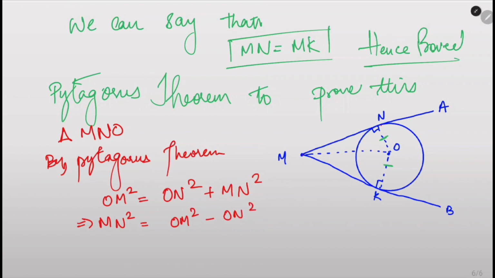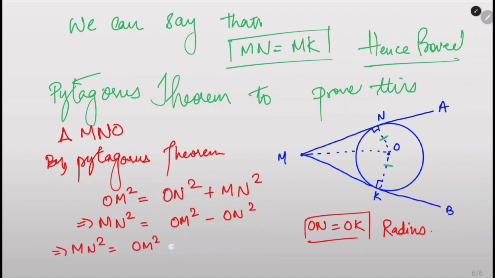Now, because of this circle, this ON and OK are equal because they are radii, right? So what we can write here is MN square is equal to OM square minus OK square, and this gives what? If we apply Pythagoras theorem in triangle MOK, then it will give you MK square.